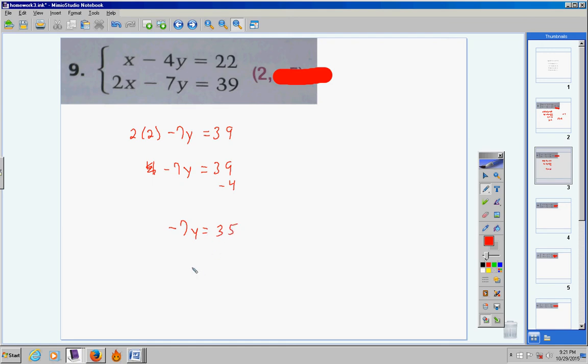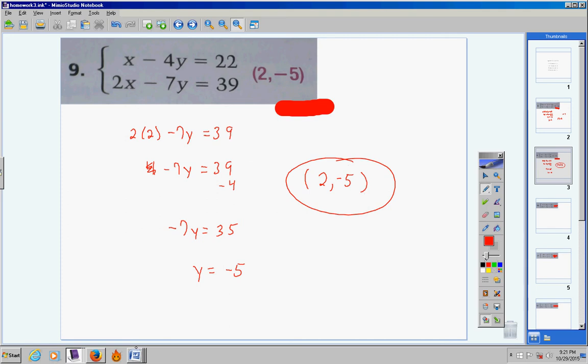Divide by 7 and y equals negative 5. And that should be the correct answer. Of course, we always want to get in the habit of writing our answer in the correct form as an ordered pair. We just found where those two lines intersect without doing any graphing at all. There's the ordered pair where these two lines would intersect.